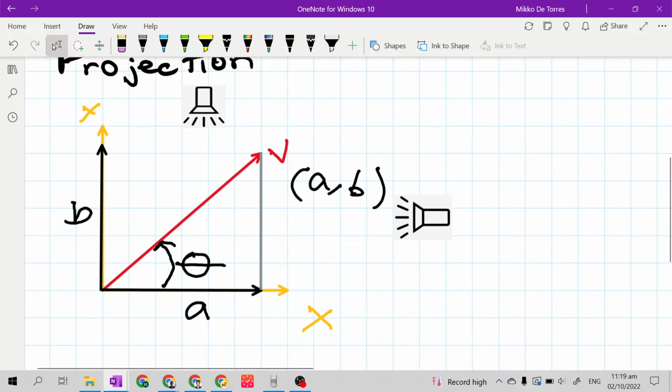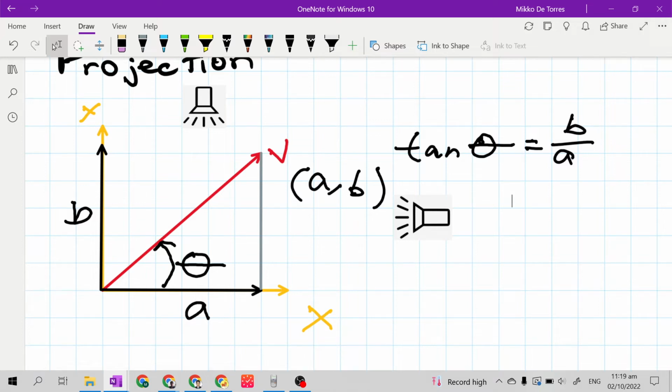Okay. So using the principle of trigonometry, we can describe this using the trigonometric function tangent theta, which also means the opposite over adjacent.